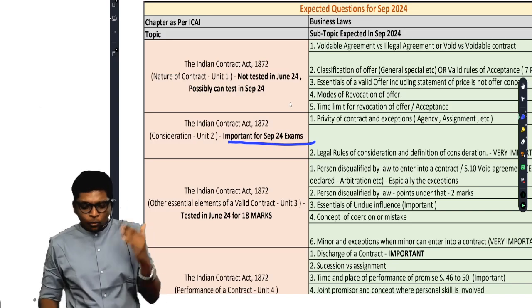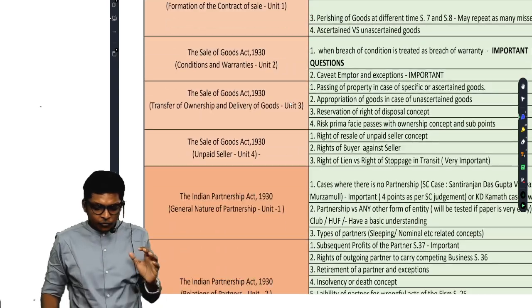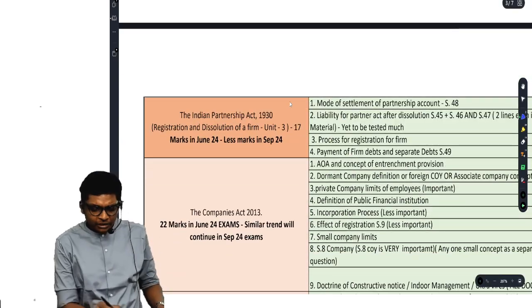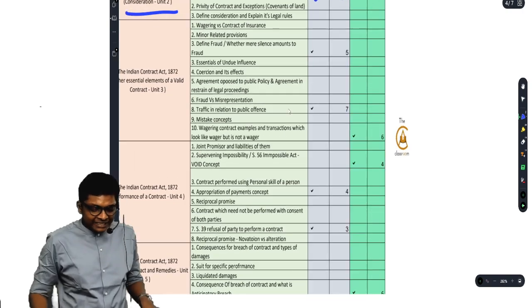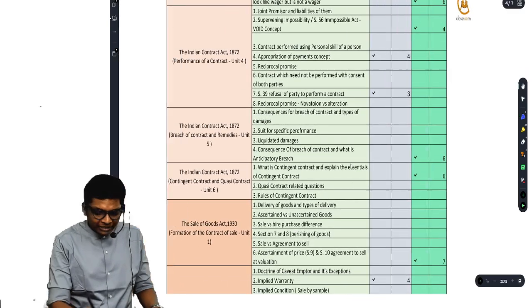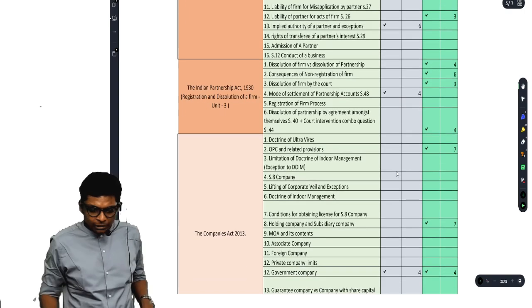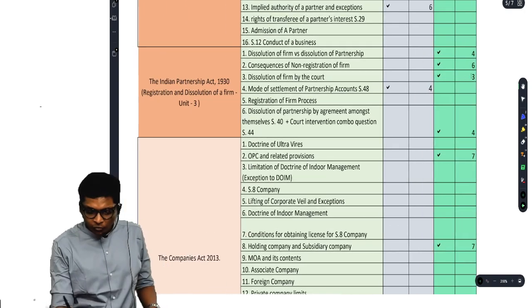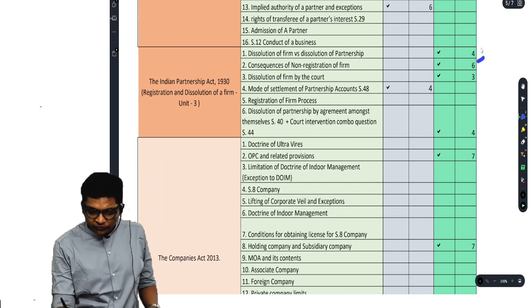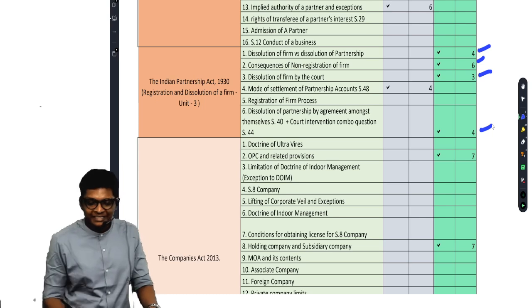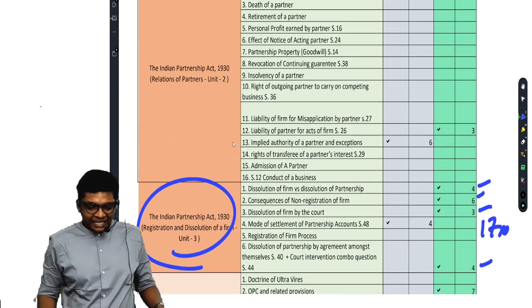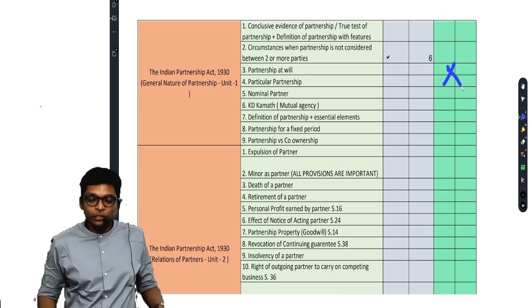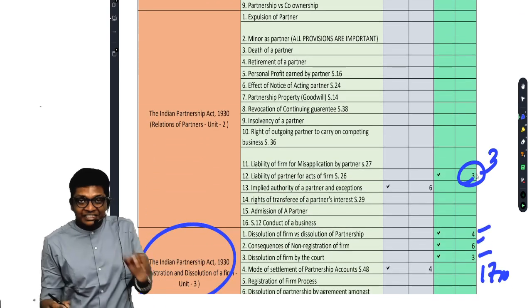Sir, show me more like this, how is this list prepared? For example, let's take the Indian Partnership Act, June 24 exam. In Unit 3, the dissolution unit, they asked almost 4, 6, 3 and 4, basically 17 marks just for one chapter. They did not even test Unit 1, 0 marks, and in Unit 2 just 3 marks came.